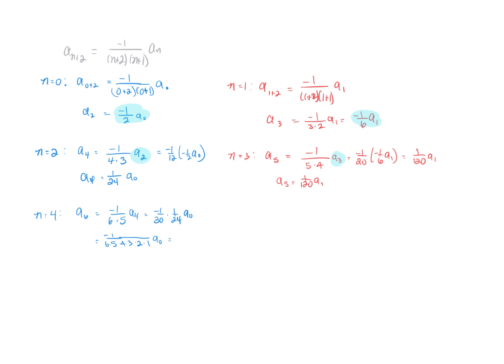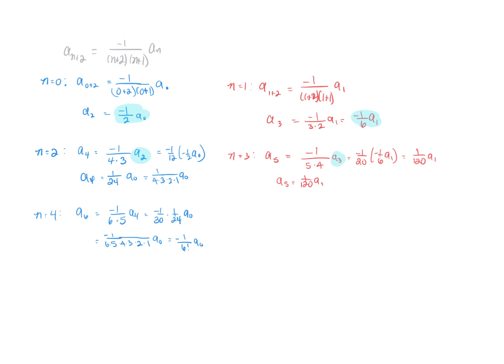or negative 1 over 6 factorial, a naught, because 1 over 24 is 1 over 4 times 3 times 2 times 1, a naught here.